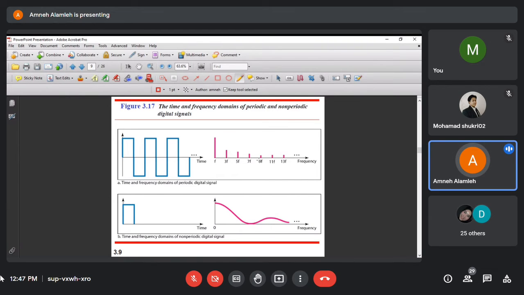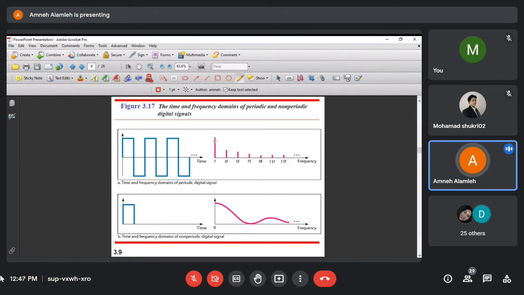In the frequency domain, we can represent it this way: the digital signal has infinite frequency, and so it is represented by discrete infinite bars in the frequency domain.